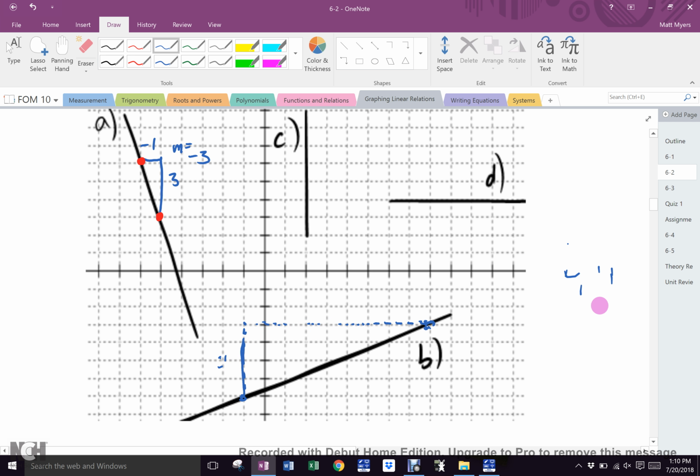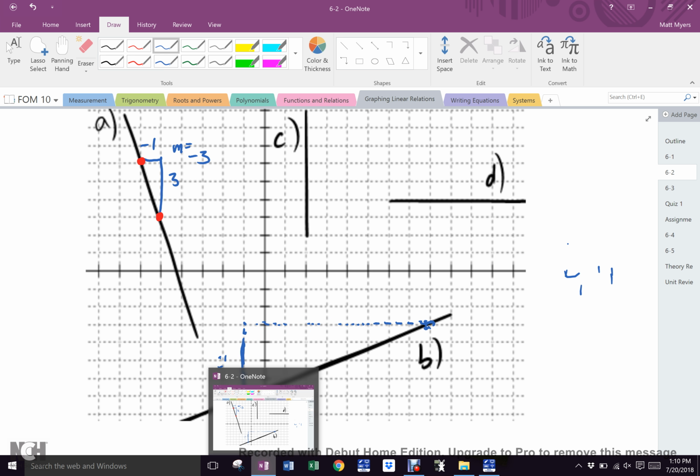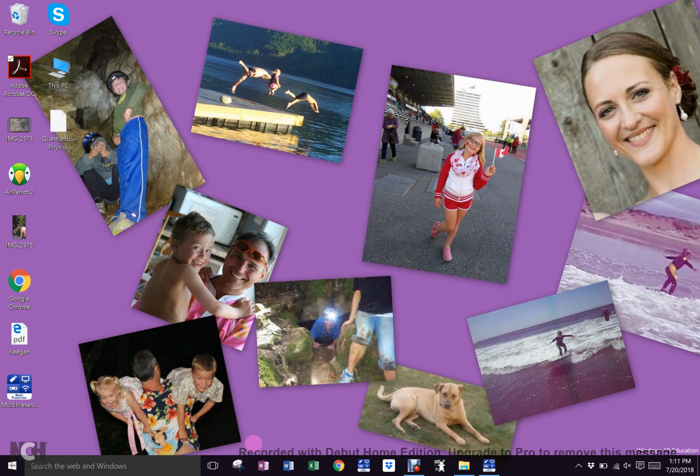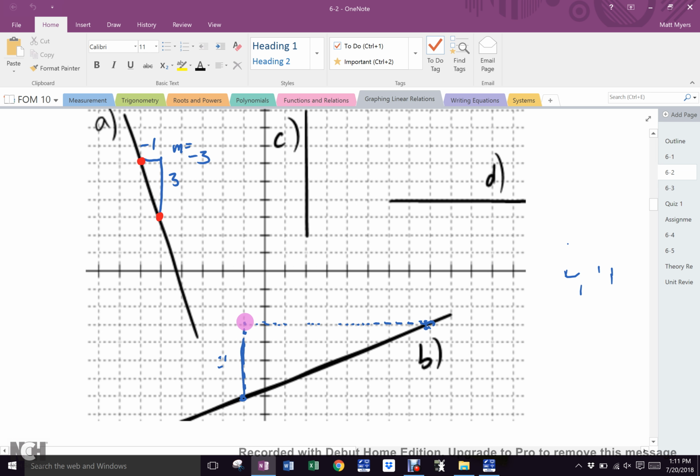I don't know what is wrong with my pen. Apparently my pen is only making dots now.